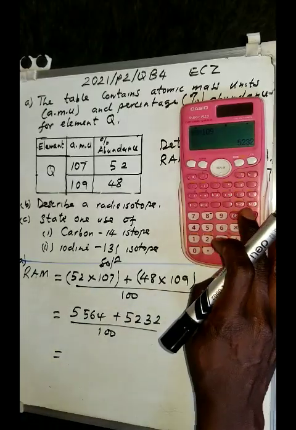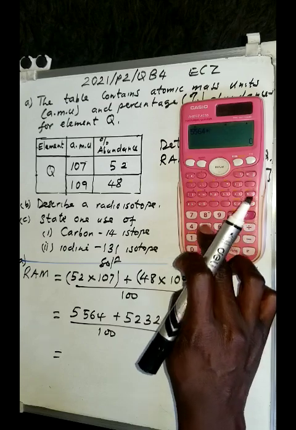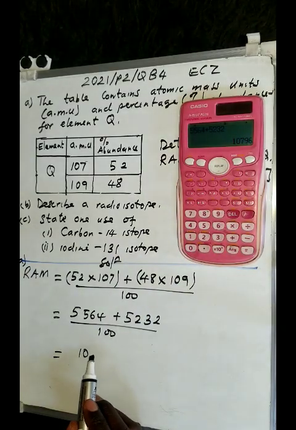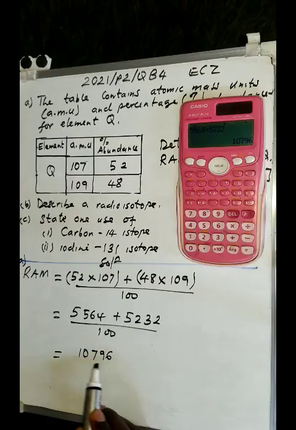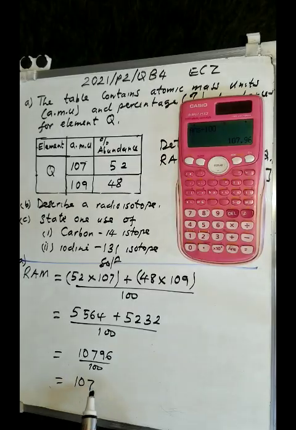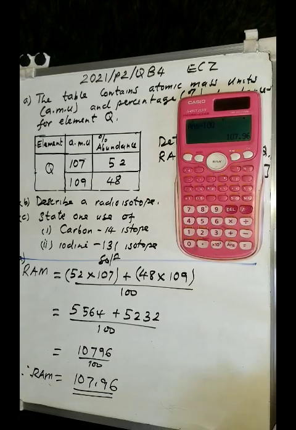Then we can add the 2, 5564 plus 5232. The answer I get, which is 10,796 divided by 100. If you divide by 100, which is going to give you 107.96. So that's the RAM that you can have. Basically, we can also tell you to use your periodic table to identify the element.